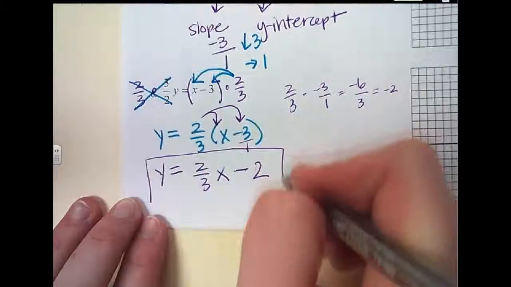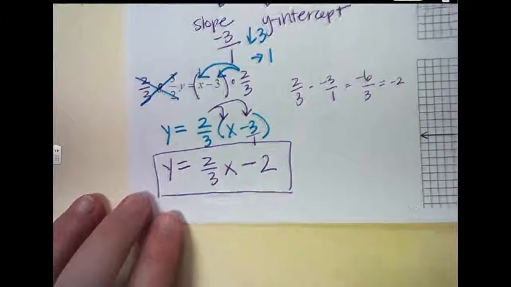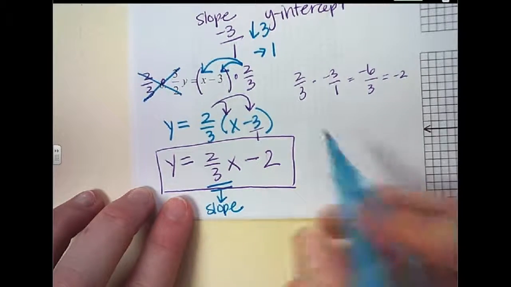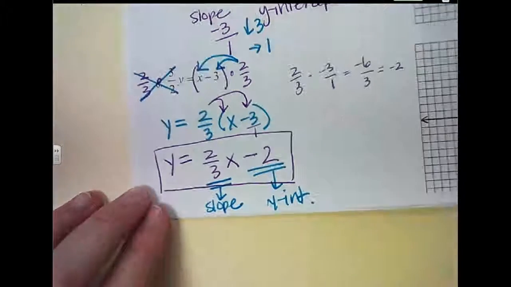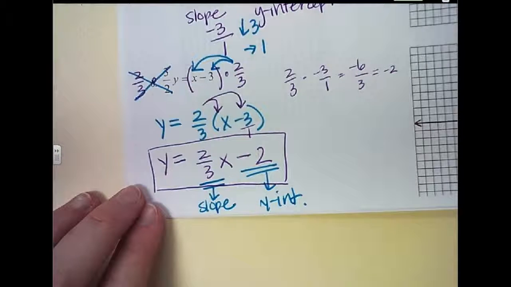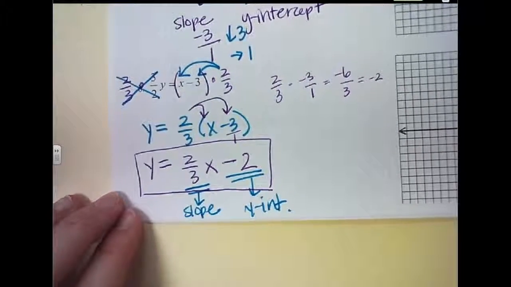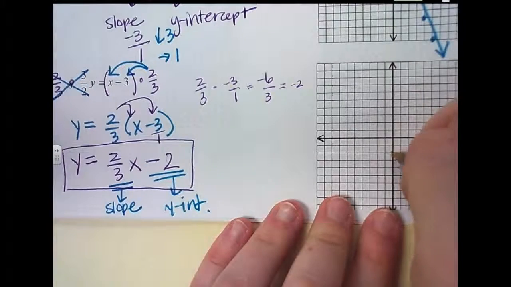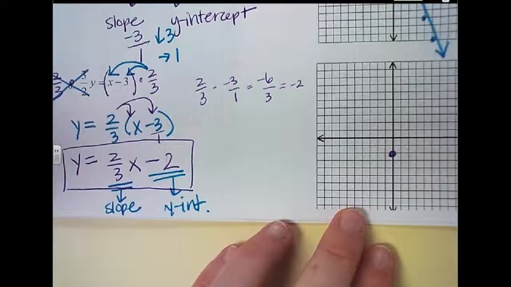So that's our equation. The equation is part of your answer, so I want to see that. This is our slope, and this is our y-intercept. So where do we start? -2 on the y-axis. And then from there, where are we going to go?